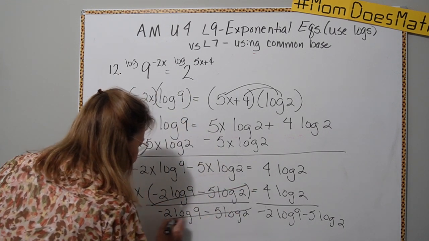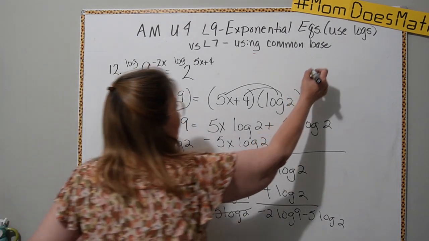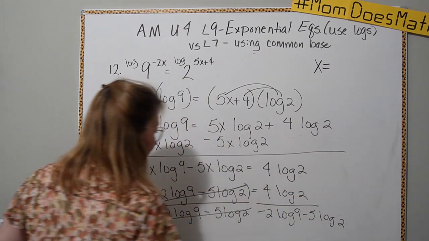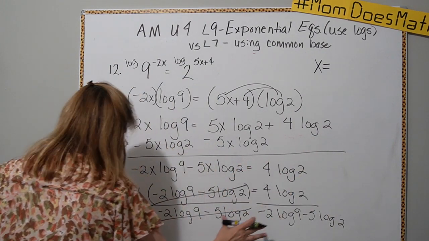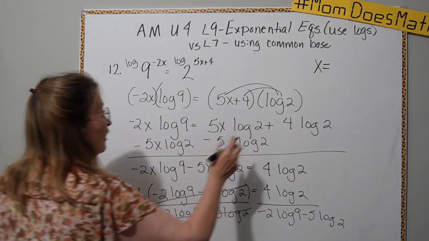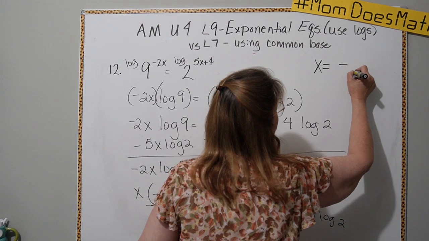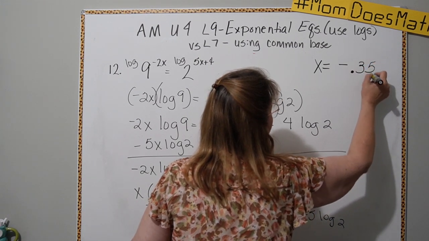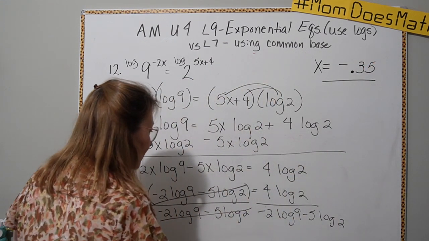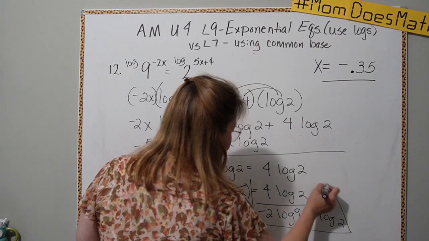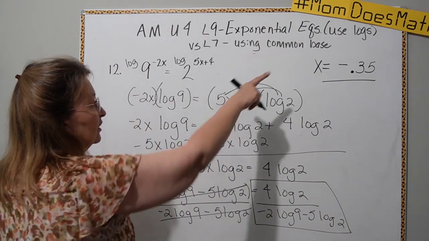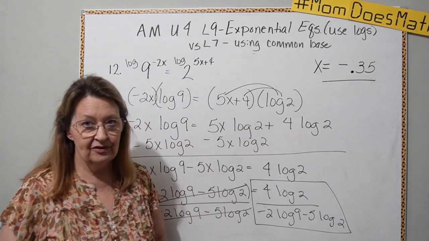These two cancel out, so my final answer, I'm going to have x equals, you put all of this in the calculator very carefully, and it's going to give you negative 0.35. And for the last time, please practice putting that in the calculator and make sure you get that answer, okay?